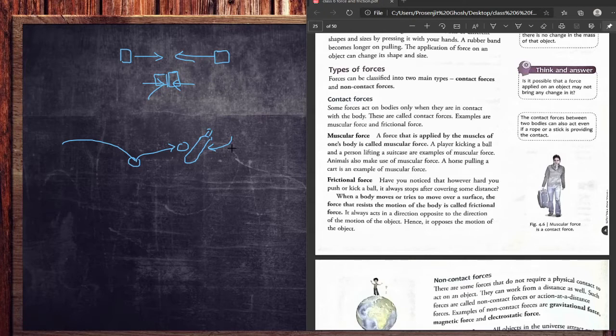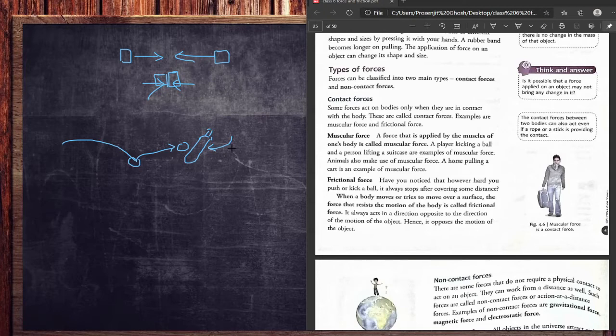There are many types of contact forces. Number one, given in your book, is muscular contact force, or you can simply say muscular force. What is that? It is the basic thing I just told you with the bat and ball example. You are hitting something with a bat, that is a contact force, and it is also applied by your muscle, because you are grabbing that bat with your muscle.